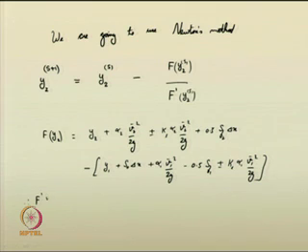Therefore, f dash y2 can be easily written as 1 plus alpha 2 v2 by g dv2 by dy2, isn't it?